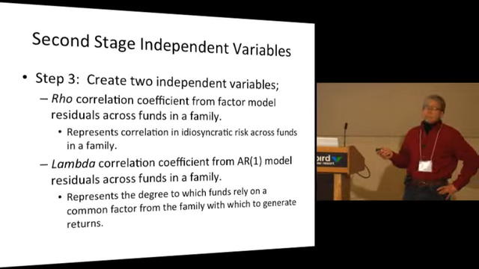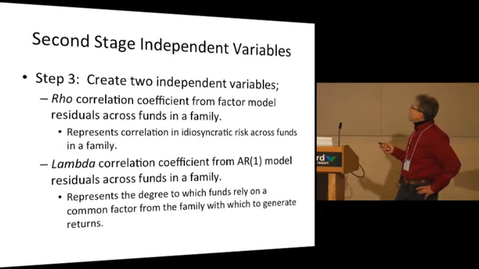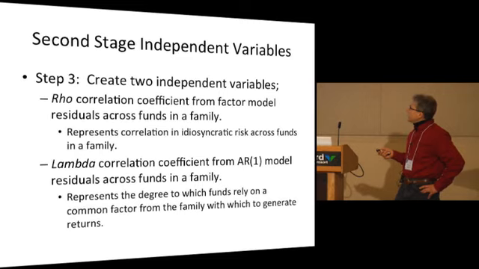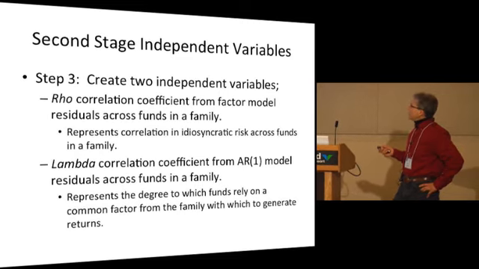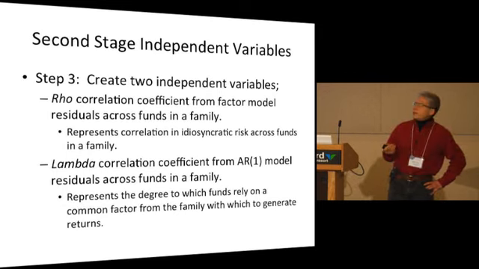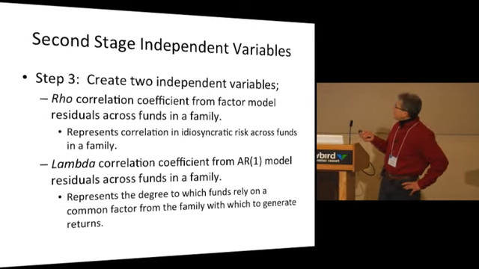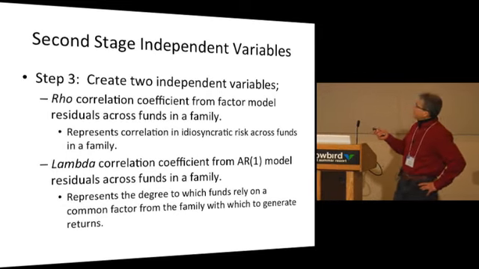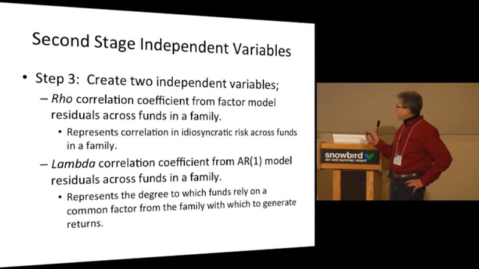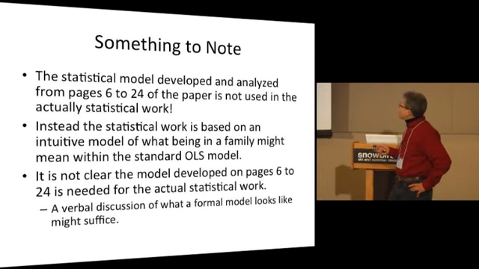Rho represents the correlation, the idiosyncratic risk among funds in a family. And lambda represents the degree to which funds rely on a common factor from the family with which to generate returns. So this is basically from the 4-factor or 3-factor model, and these are the coefficients on the AR1 model that they run on the results.